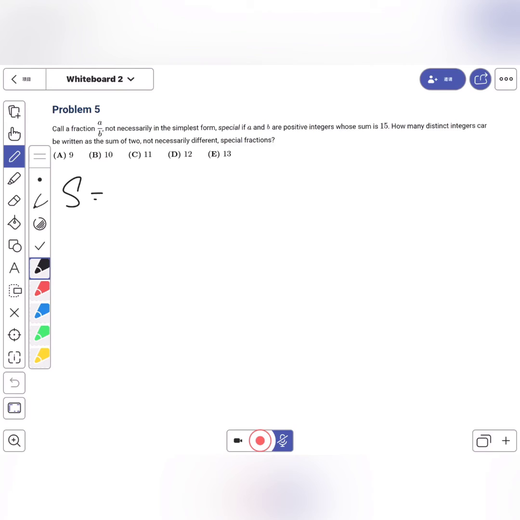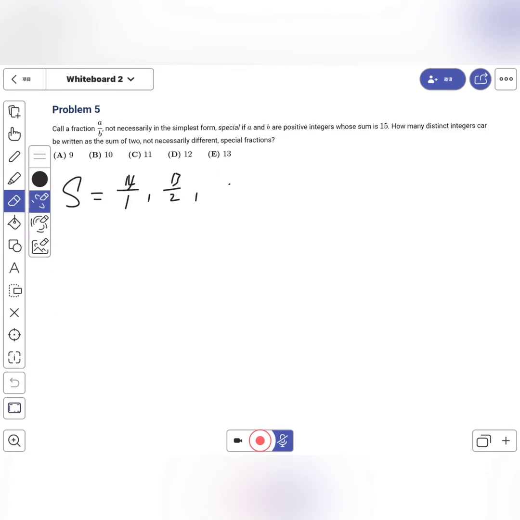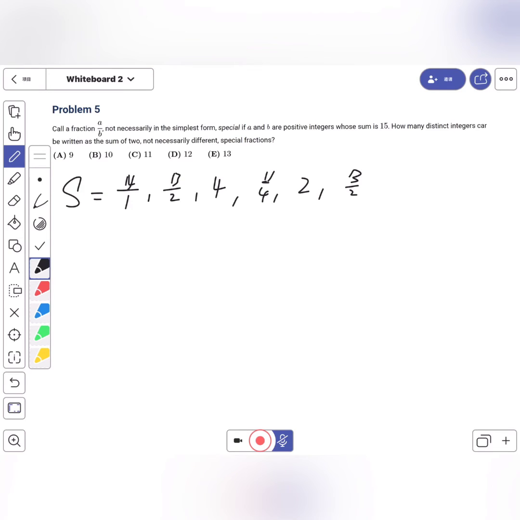The set is going to be equal to 14 over 1, 13 over 2, 12 over 3, and actually we can just replace this with 4, 11 over 4, 2, 3 over 2, 8 over 7, 7 over 8, 2 over 3, 1 over 2, 4 over 11, 1 over 4, and then we have 2 over 13 and 1 over 14. So these are all of the possible ones.